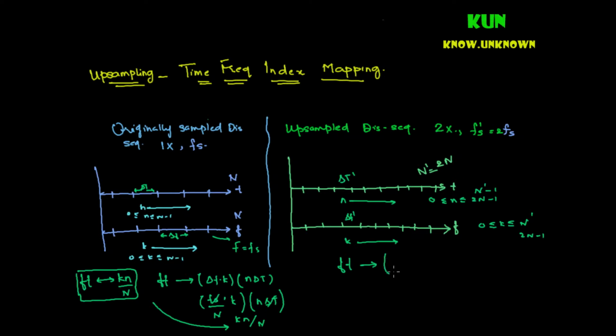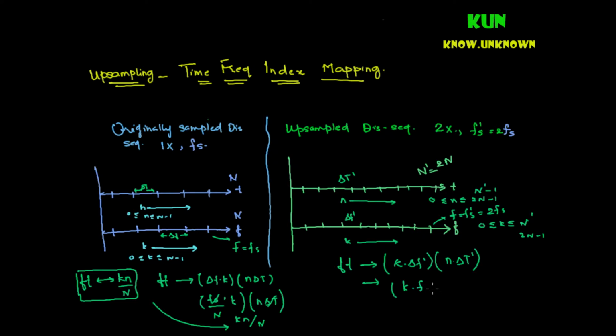Now we know f is equivalent to nothing else but k times delta f dash, right? And what is t? t is n times delta t dash. Following the same derivation, delta f is nothing else but, now here I have f dash s, which is equal to 2 times fs.